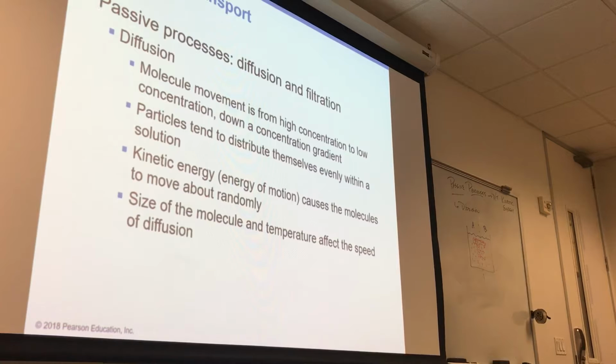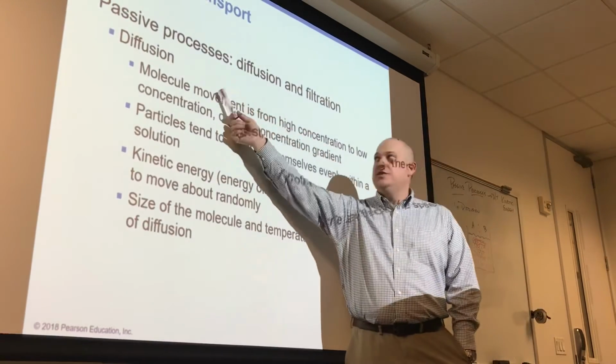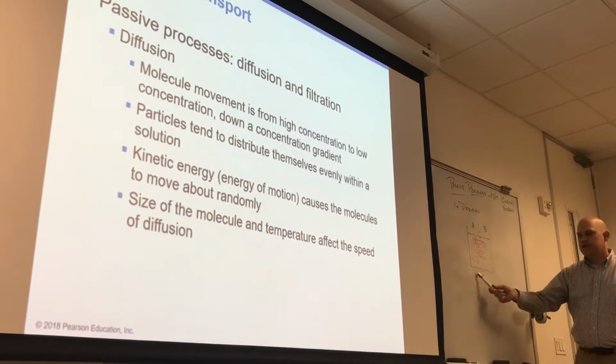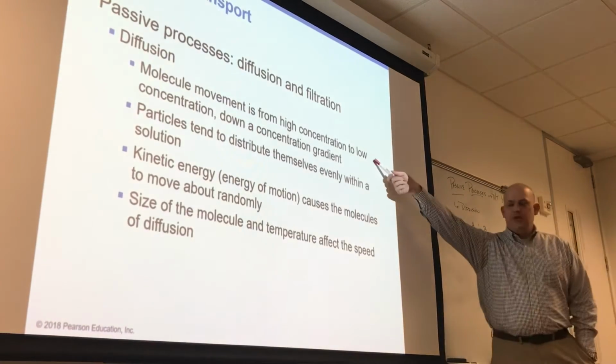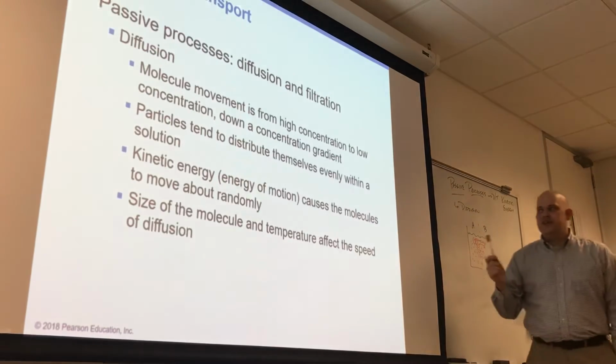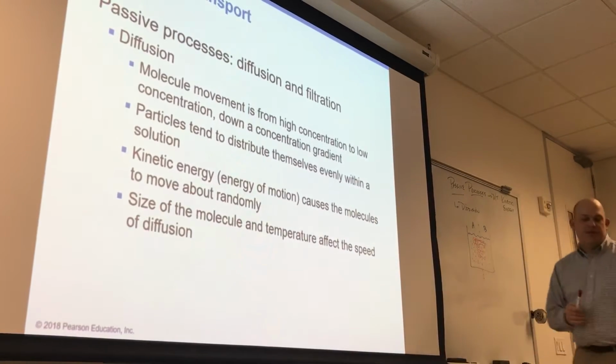So in diffusion, we move particles, or molecules, or solutes, from the area of high concentration to the area of low concentration, until such a time as both are evenly distributed within the solution.